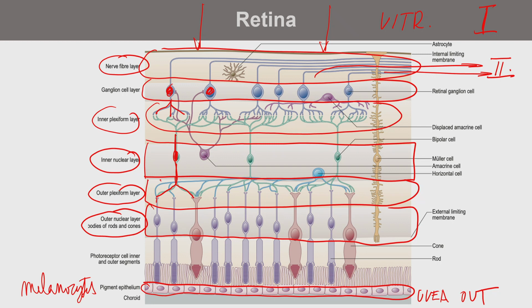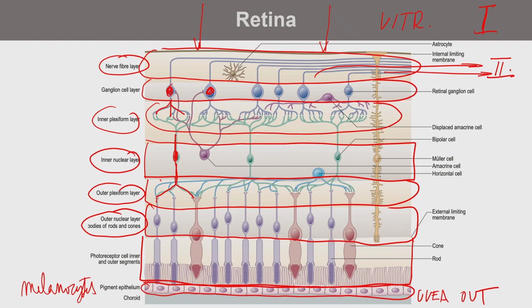And the most outer layer is the layer where the photoreceptors are, the receptor layer.